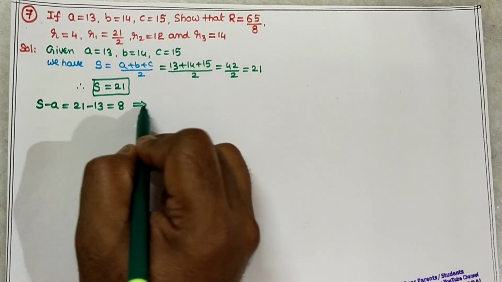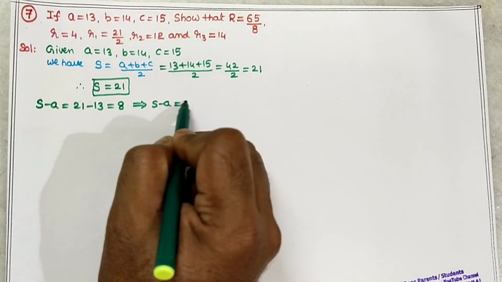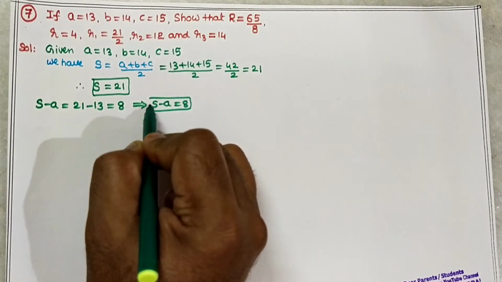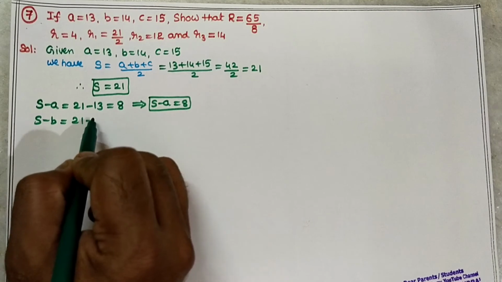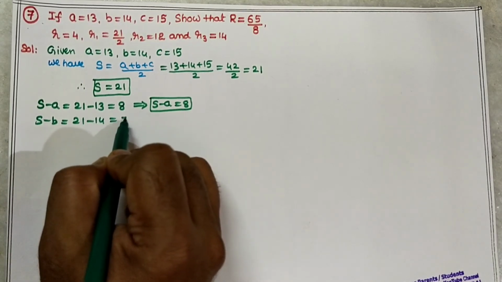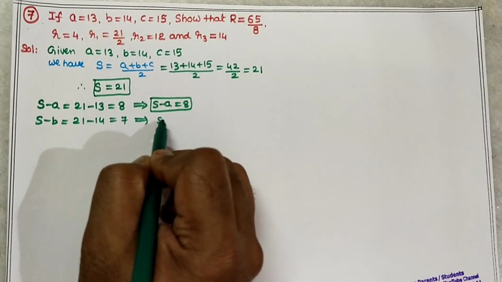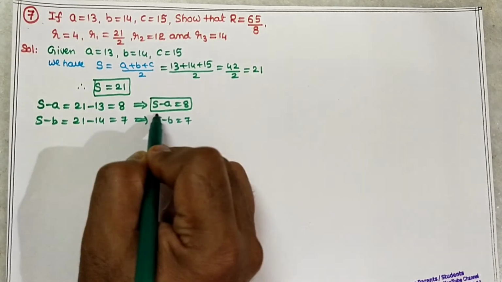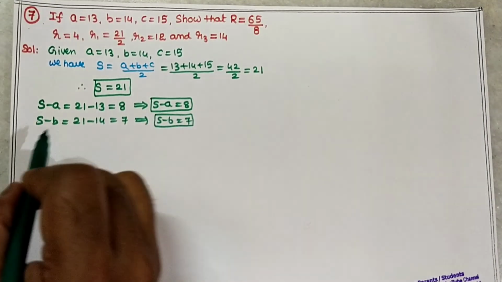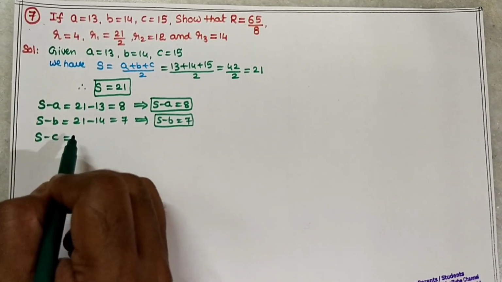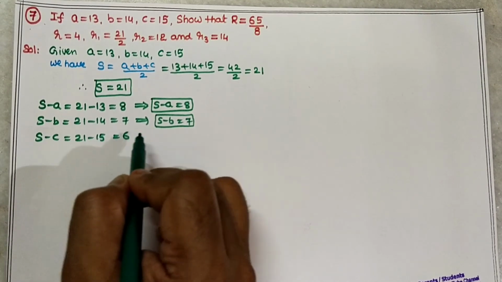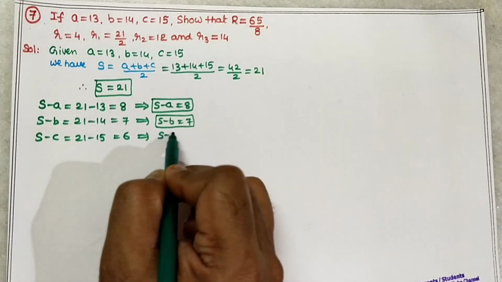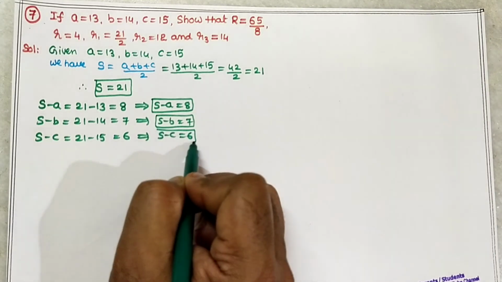So s minus a is equal to 8. s minus b is equal to 21 minus 14, which is equal to 7. So s minus b equal to 7. s minus c equal to 21 minus 15, which is equal to 6. So s minus c is equal to 6.